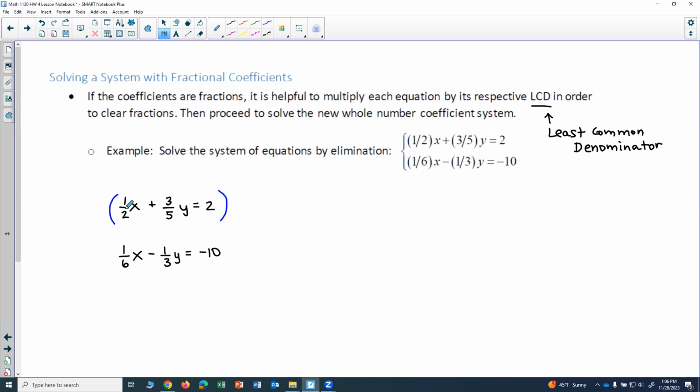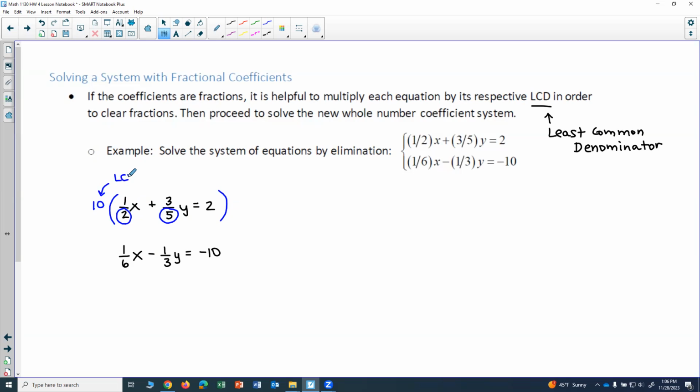So here I have 1/2 with a denominator of 2 and 3/5 with a denominator of 5. So the LCD is 10. That's the lowest common multiple of 2 and 5. So I'm going to multiply by 10.